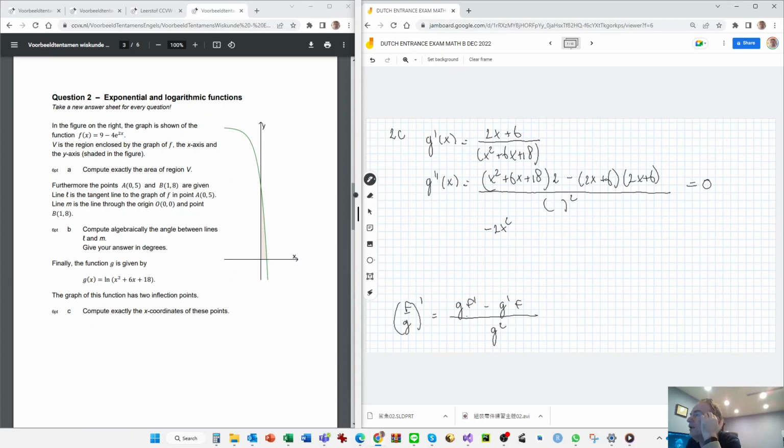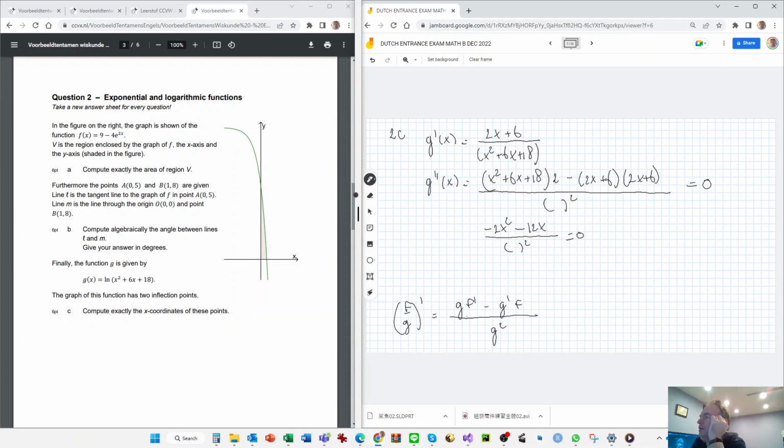And then the linear terms, 12x and minus 12x, minus 12x, so it's minus 12x total. And 36 minus 6 times 6 is 0 actually, so that's not bad. Has to be equal to 0.